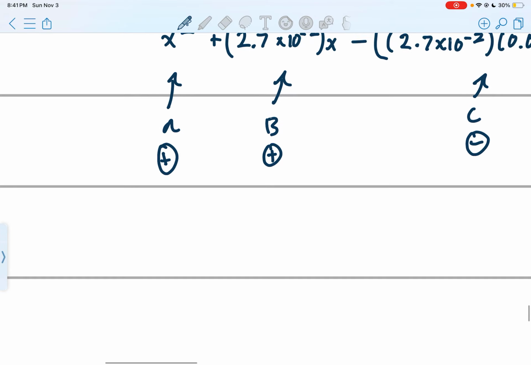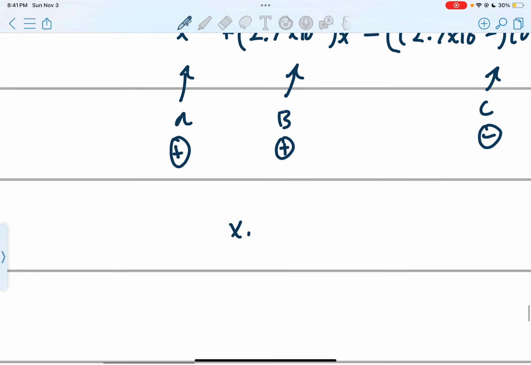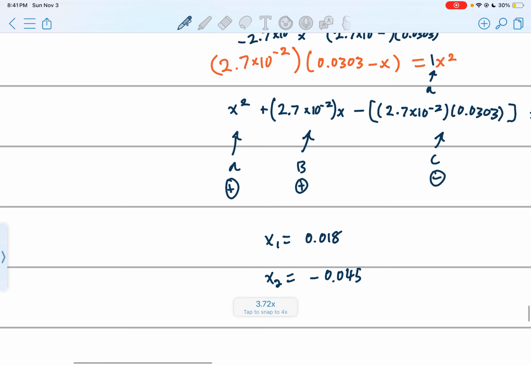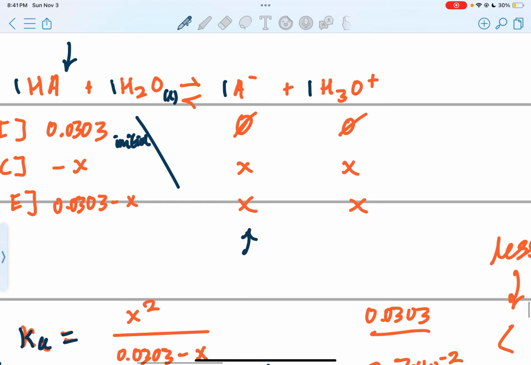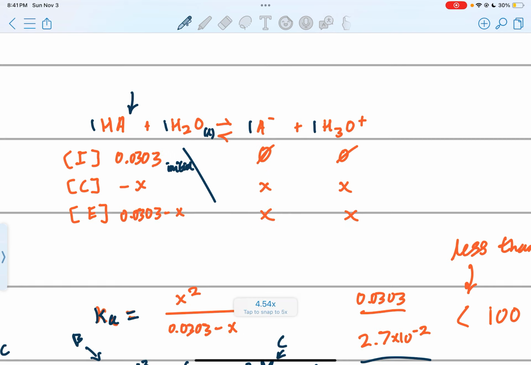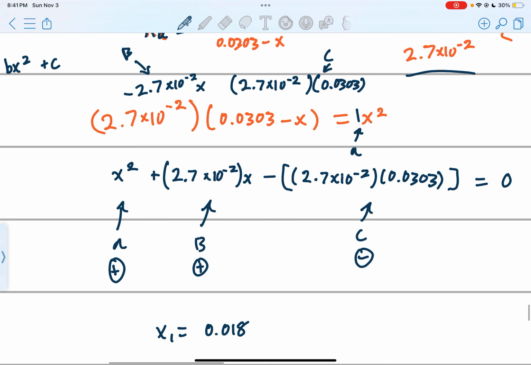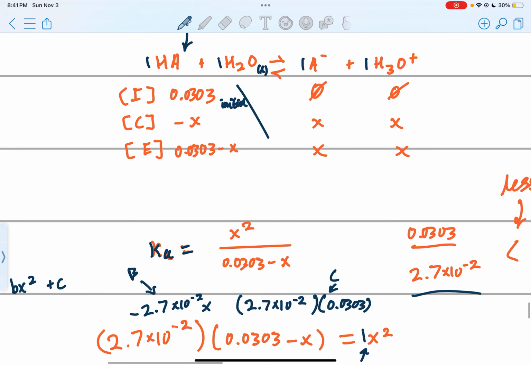So my first x value, my x1, is 0.018, and my x2 is negative 0.045, okay? Now, I look at this, and I'm like, well, my x can't be negative. I can't have a negative concentration. So the only valid one must be 0.018, right?